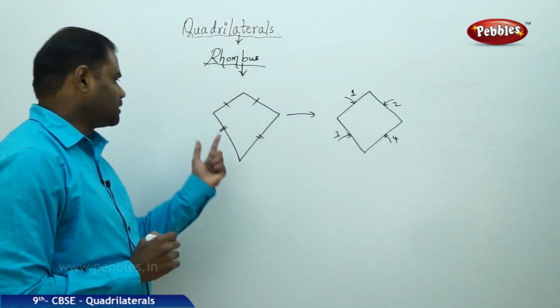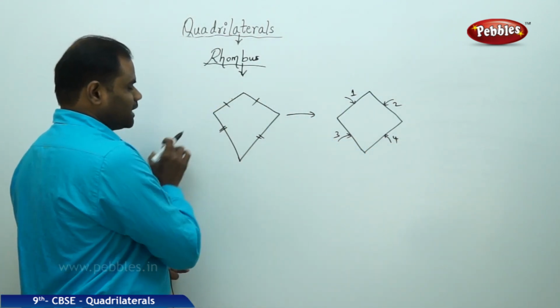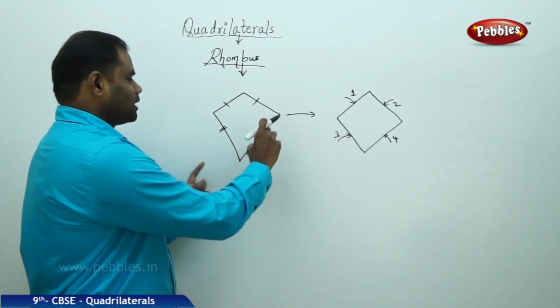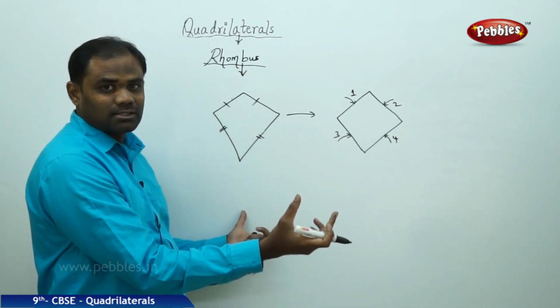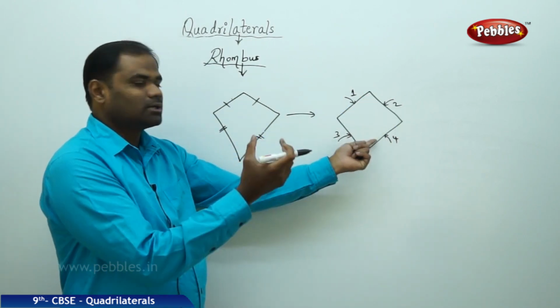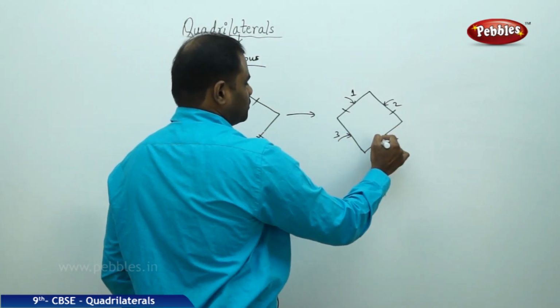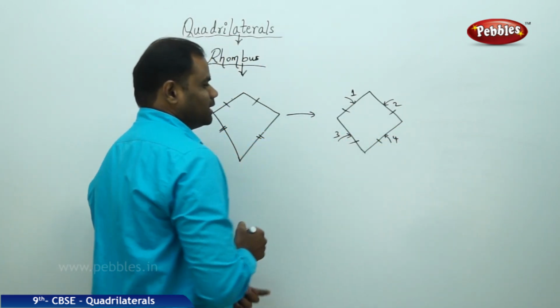In a kite, this line is removed and a line of equal length is placed here, and this line is removed and an equal line of this length is put here. Then this shape is transformed into a shape where all lines are of equal length.